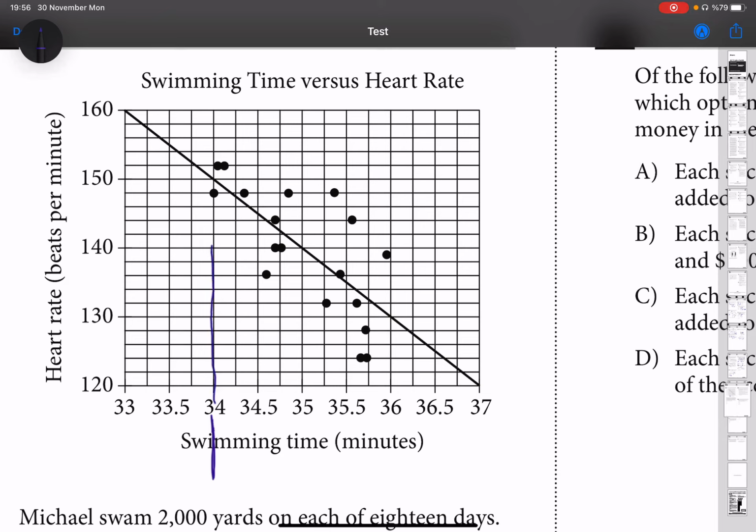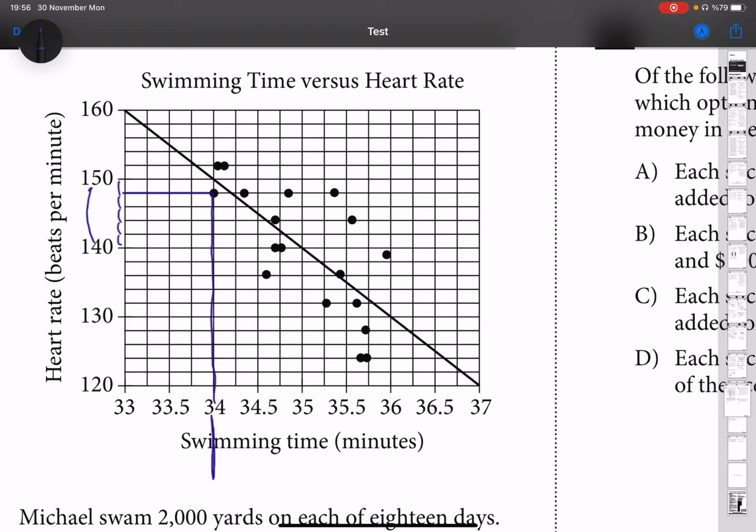The actual heart rate is right here. What is the value in here? Let's find it. There is 1, 2, 3, 4, 5 bar, and let's find 1 bar corresponds to what beats per minute.